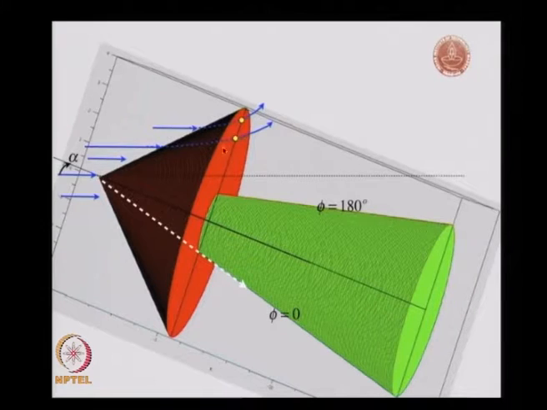Now, let us consider one radial line which goes here, and this is the phi here, and what is this S1 now?